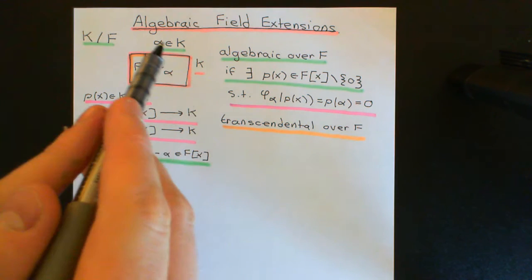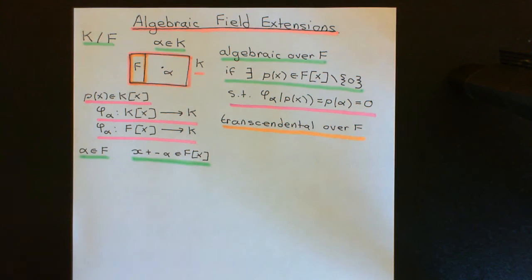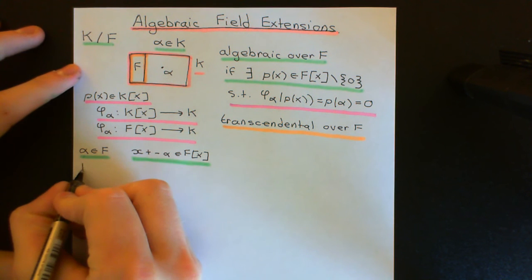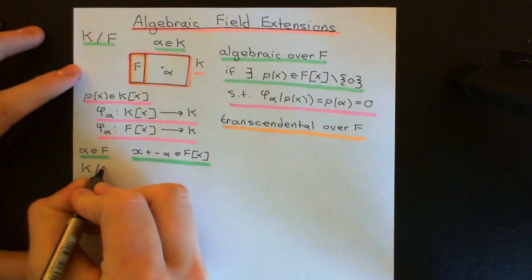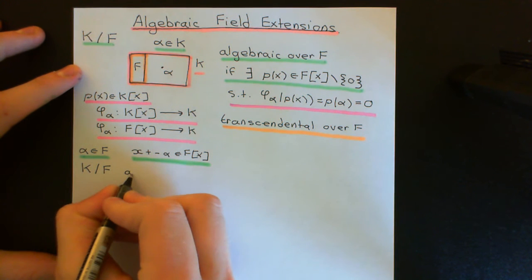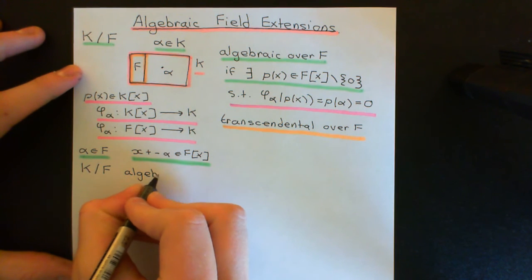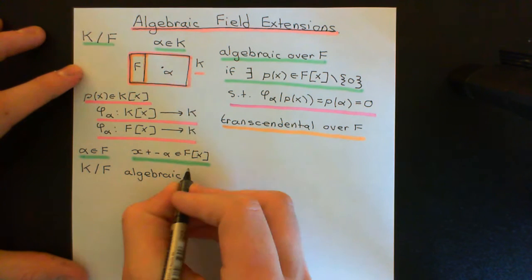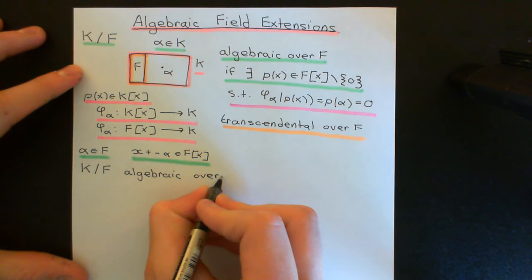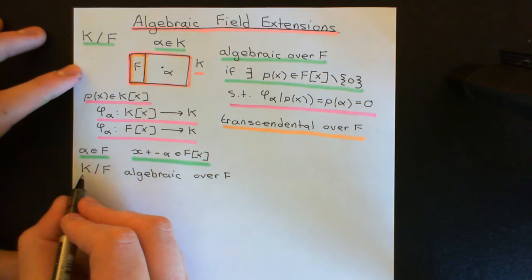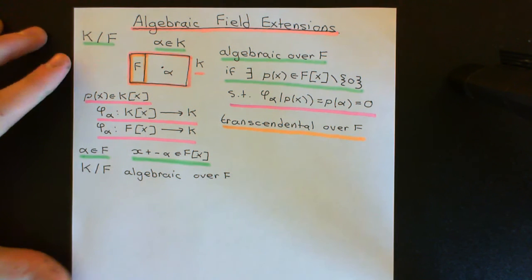That was the definition of an element being algebraic over the smaller field, capital F. Let's now have a look at the definition of a whole field extension being algebraic over a field F. So we will call the field extension K, which is a field extension over F, algebraic over F. We'll call the actual field extension an algebraic field extension of F if it's the case that all of the elements in K are algebraic elements over F.